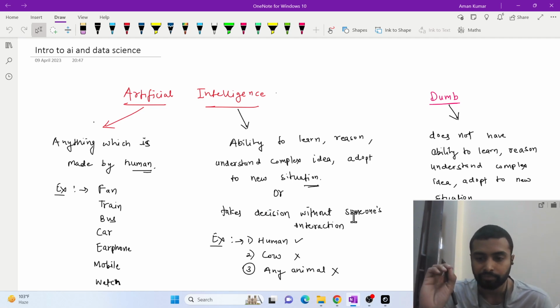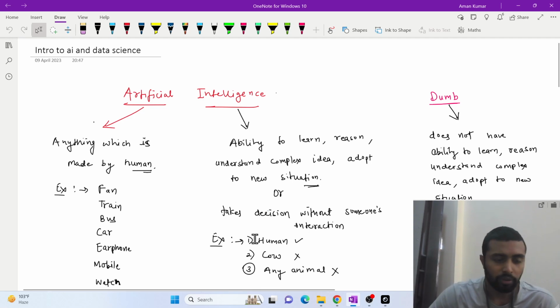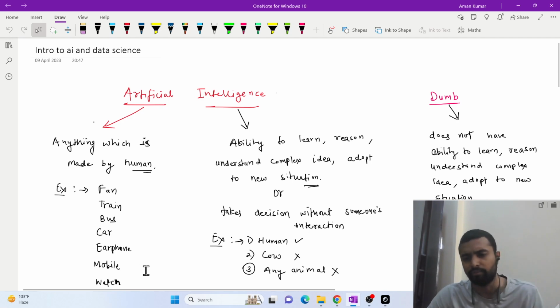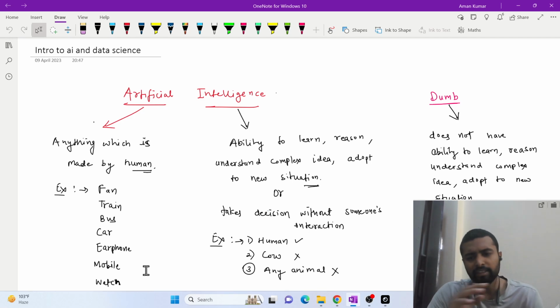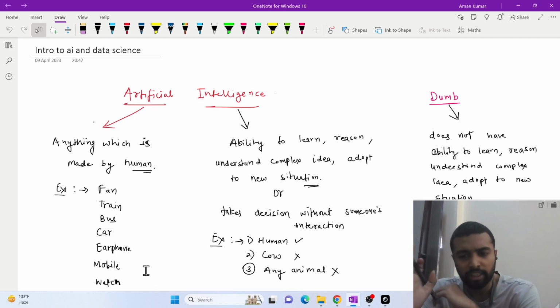Clear. And I have also written some examples: fan, train, bus, car, earphone, mobile, watch, a lot of things. A number of things are made by humans. That is clear, and there is nothing complex in this concept. Now, once we have understood what artificial is, let's understand the meaning of intelligence.